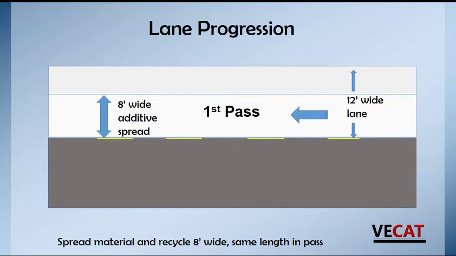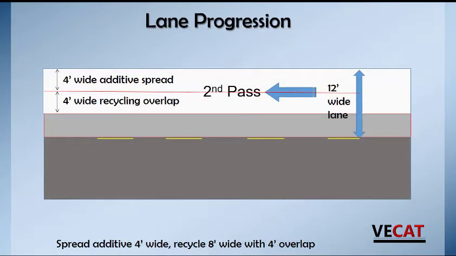All right, our typical job, because we only have an 8-foot wide mixer and a 12-foot wide road, we're going to take the centerline pass, and then we're going to come back in the next step, and our second pass will be on the edge of the lane.